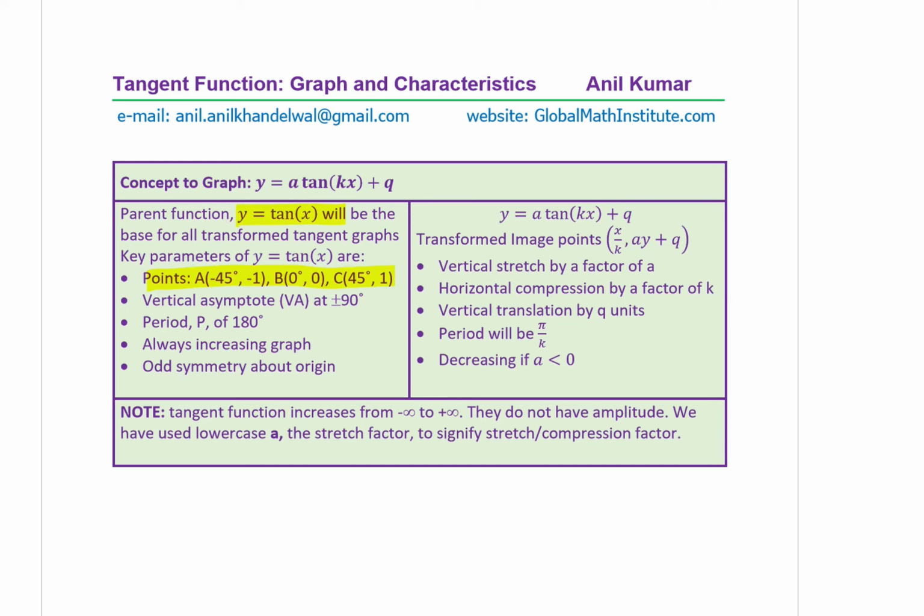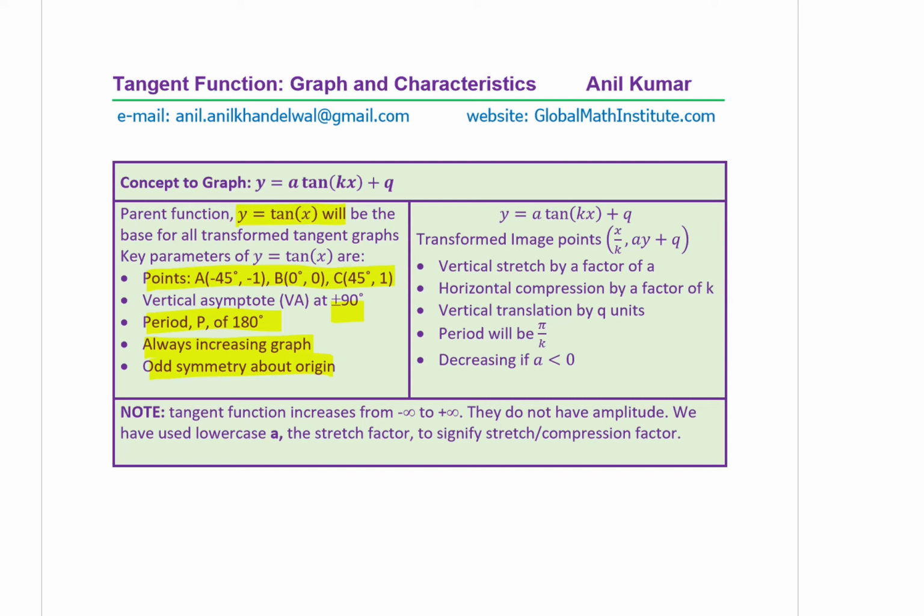Vertical asymptotes, which are at plus and minus 90, form the boundary for our principal value. And you know its period is 180 degrees, which is in between these plus and minus 90. And this function is always increasing with odd symmetry. Odd symmetry means it is symmetric about the origin.